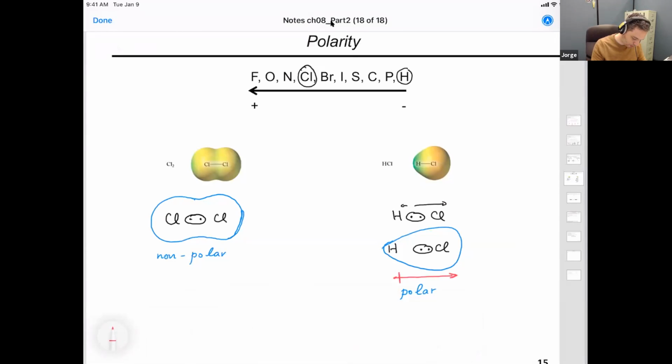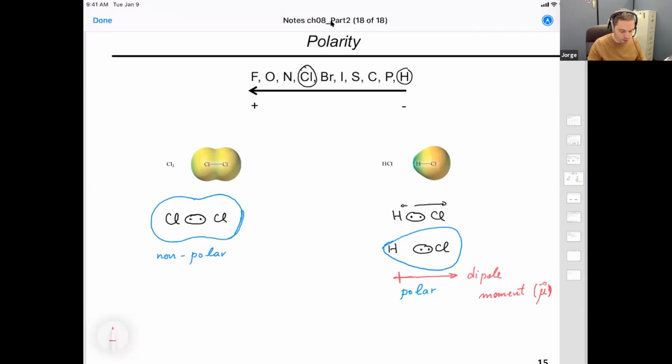And I'm going to put a vertical trace in this vector, okay? And this vector is called dipole moment. And the symbol is mu, okay?